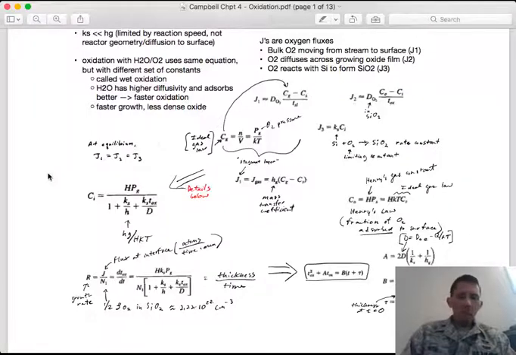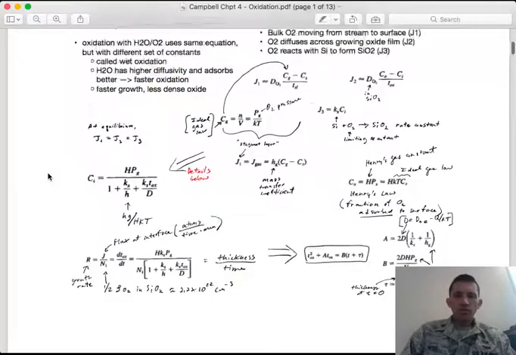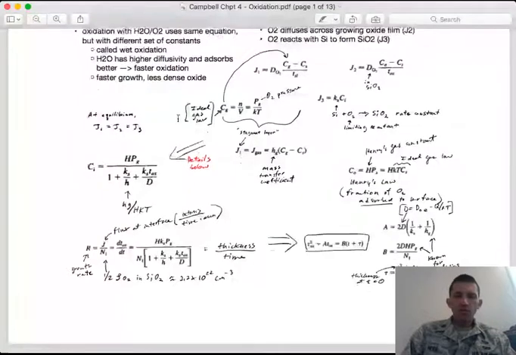At equilibrium, we would assume that they are all equal. If the concentrations aren't changing, for every oxygen that is consumed at the surface, one is having to move through the oxide and then also move through the stagnation layer. So if we have steady state equilibrium conditions for growth, we'll assume that these fluxes are equal.